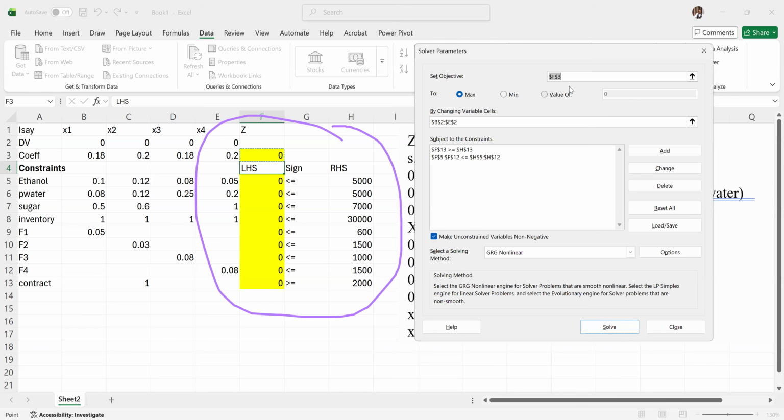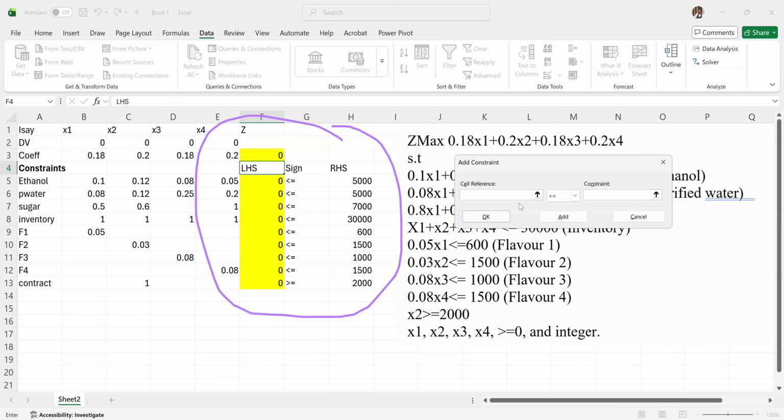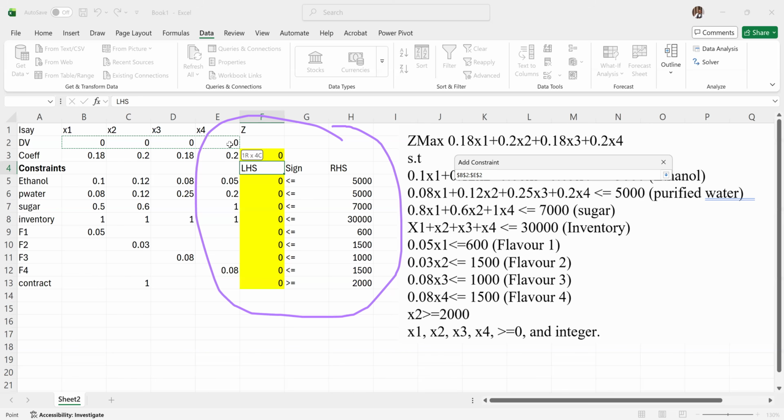Now, in the constraint section, you can add constraints. Let's go to the constraint. You can add this constraint, and then you can select the decision variables, all of these decision variables. Watch it. I just clicked the constraint and I selected all the decision variables.